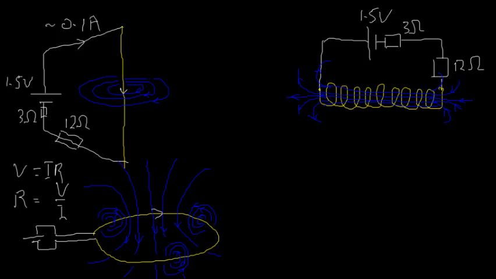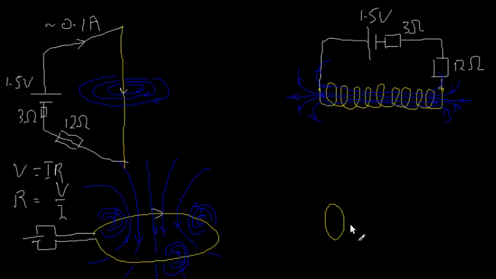So let me try and see how this can actually turn into this. Let me start by taking this loop and drawing it here. Let's say I have a loop there.